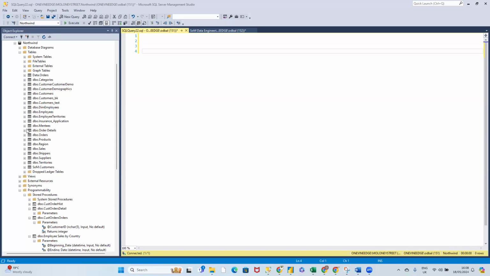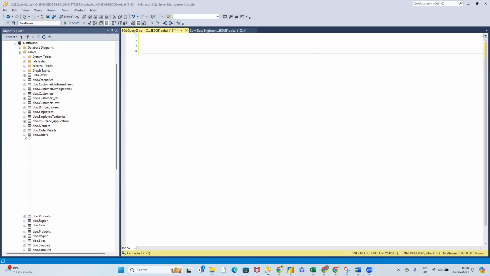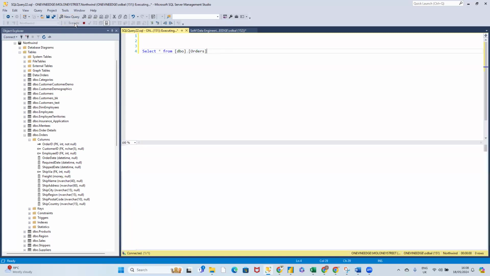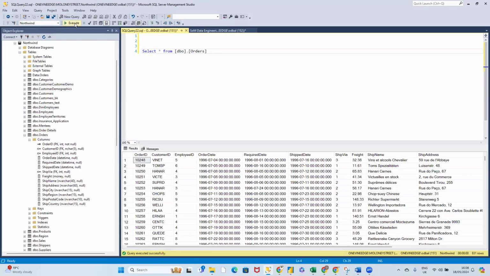Let's look at the tables that are involved now. Let's do a select star from orders. But you find out here, you cannot find the sales. We don't have the sales here.